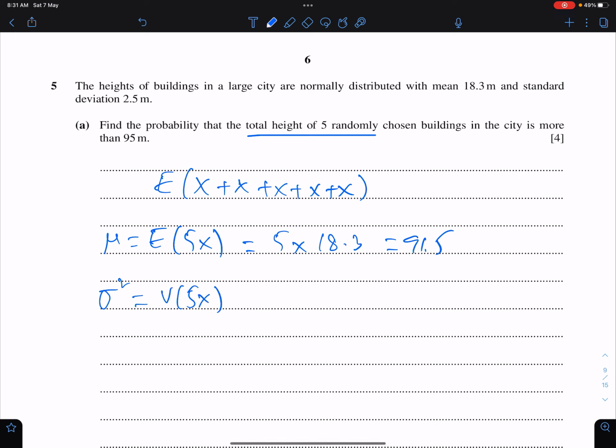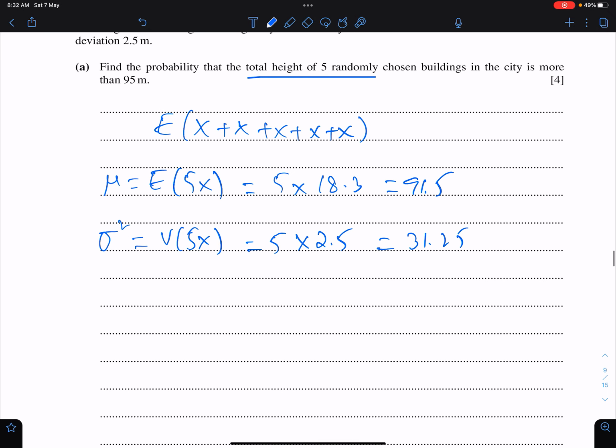Since this 5 is not a multiple, we will not square this 5 here in the variance. Copy 5 as it is, because this 5 is not a multiple of x.